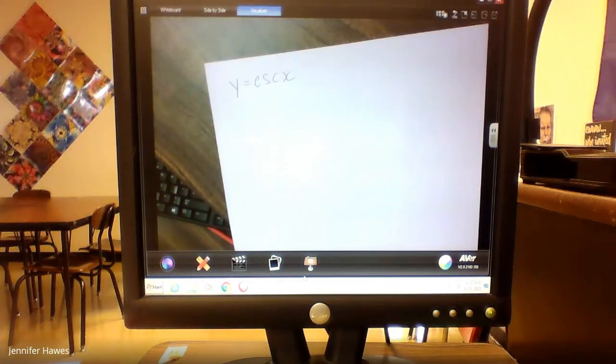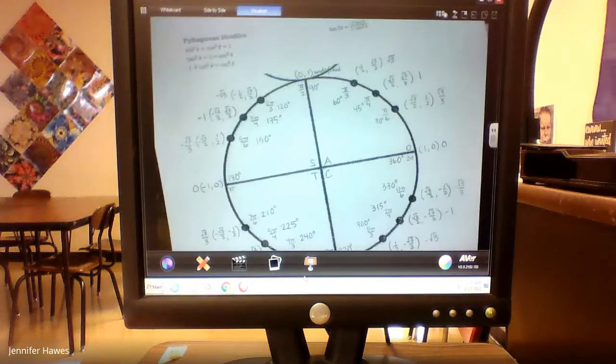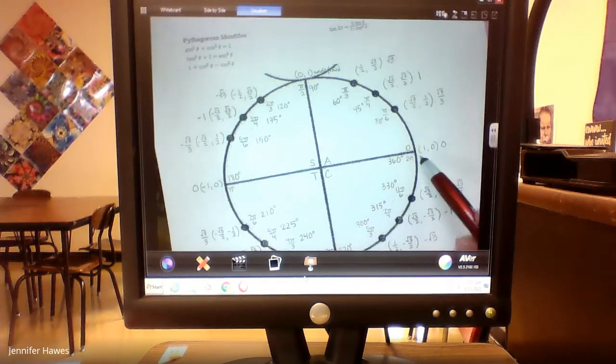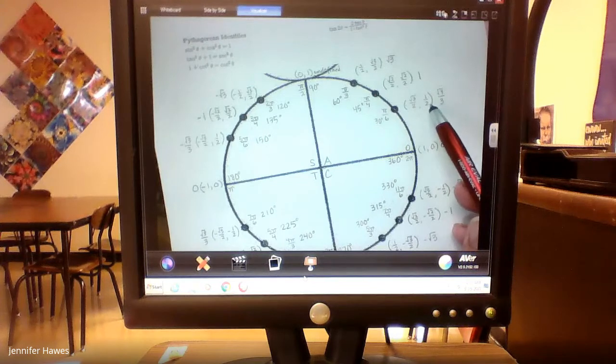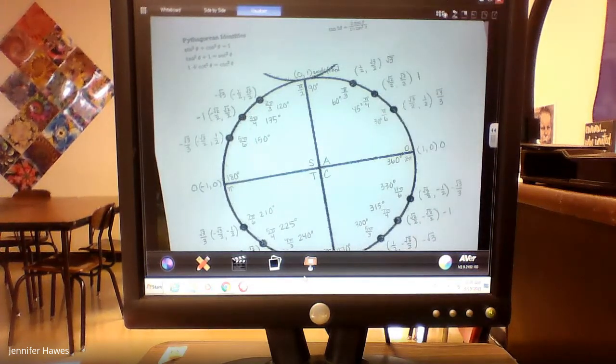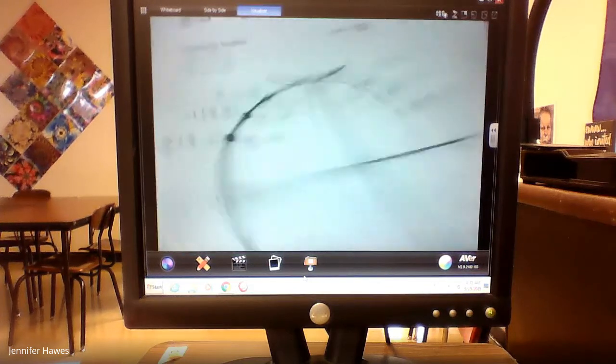Okay, so cosecant. Cosecant is the reciprocal of sine, okay? So if I go back here, and remember sine was my second in my coordinates here. So I'm looking at those numbers now, but if they're reciprocal, I'm flipping them over. Okay, so it's basically these same values, but they were flipped over.